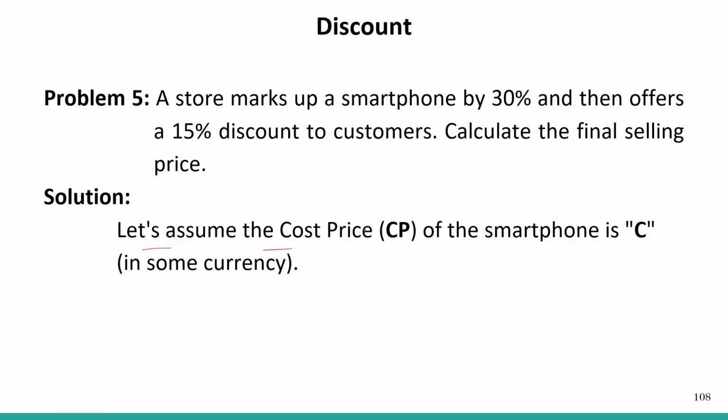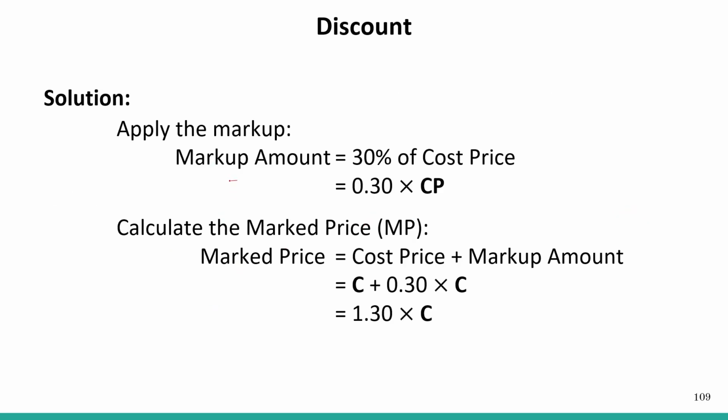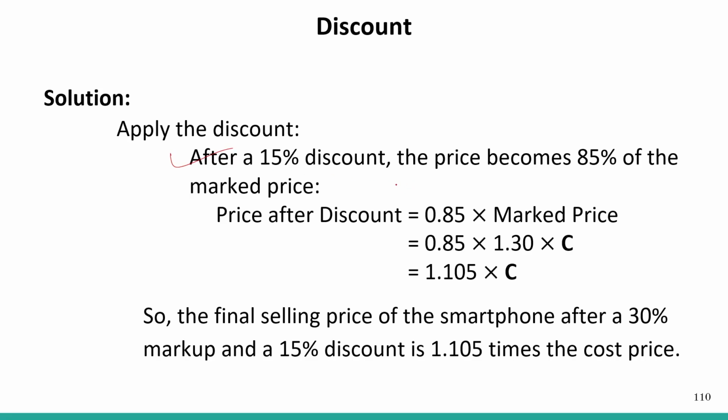Let's assume the cost price of the smartphone to be C. So markup amount is equal to 0.3 into CP. Calculating the marked price: cost price plus markup amount, so C plus 0.3C, that is equal to 1.3C. After 15% discount, the price becomes 85% of the marked up price.